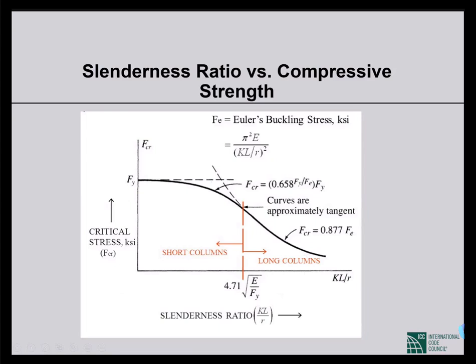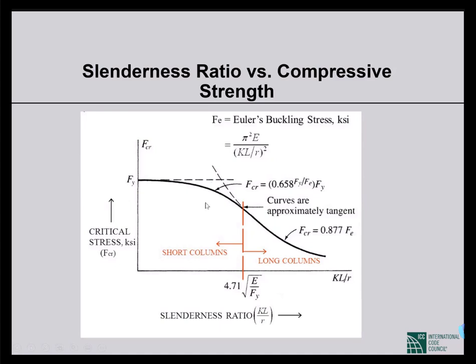So the curve goes down at the right side of the red line, like a parabola, a second order curve. That is for long columns, and for short columns, two things may happen.